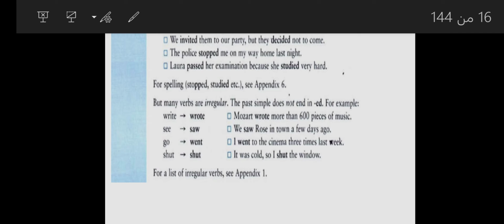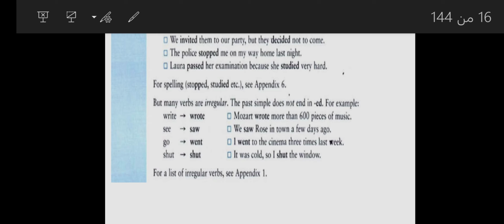Last week shows that the action is in the past and finished. So we must use the past simple. So we say I went, not I go. Go changes into went in the past form. So it becomes I went to the cinema 3 times last week.